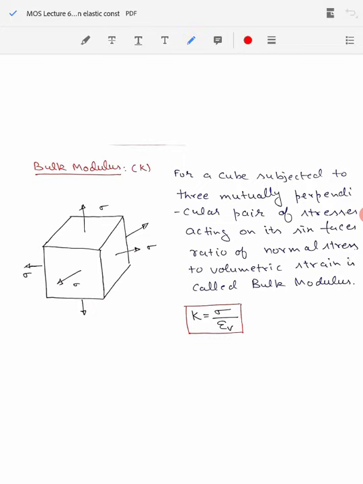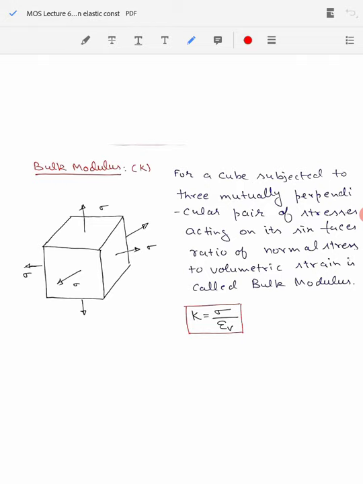We now have the fourth elastic constant, that is called the bulk modulus. So let's look at the definition of the bulk modulus. It is related to the volumetric strain. If we have a cube which is subjected to three mutually perpendicular pairs of stresses acting on all six faces, then the ratio of the normal stress to the volumetric strain will be called the bulk modulus.